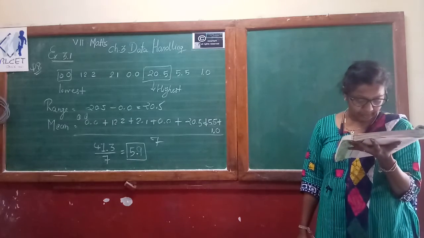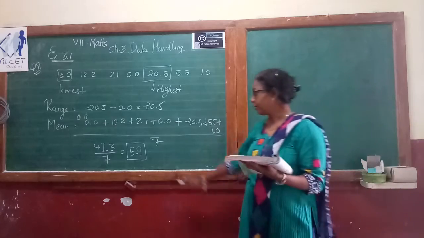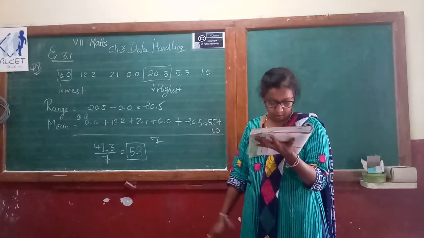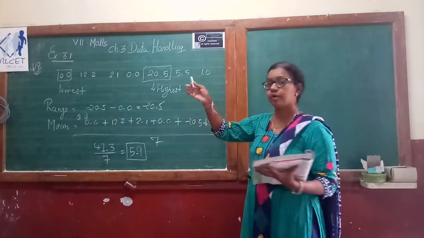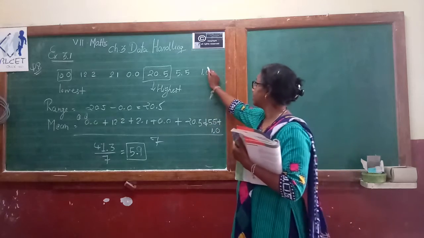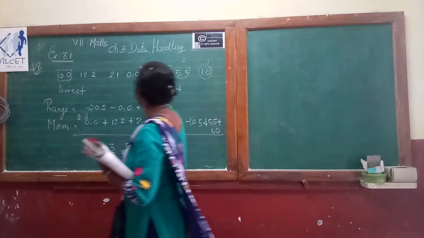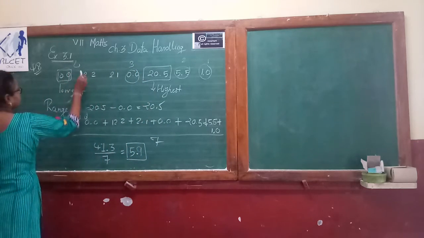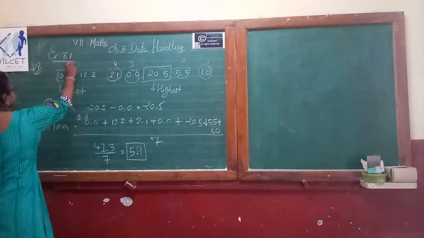On how many days was the rainfall less than the mean rainfall? Your mean rainfall is 5.9. So how many days was the rainfall less? Less than 5.9, so you have to consider the lesser readings. That is 1 day, second day, third, fourth, and this is 5.